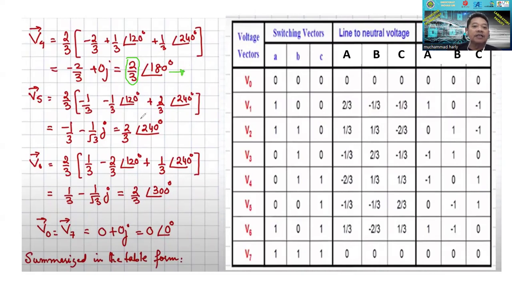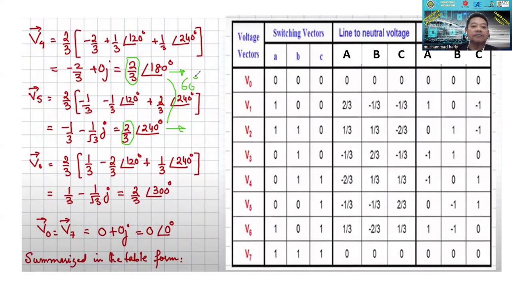It's the same line, but the direction changes, shifting each position by 60 degrees.